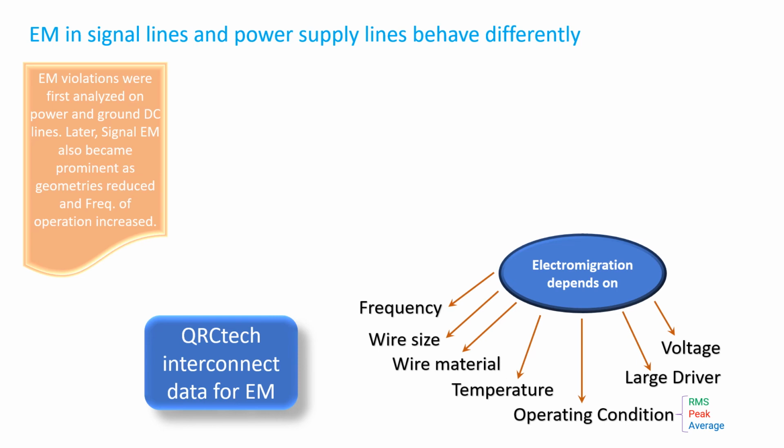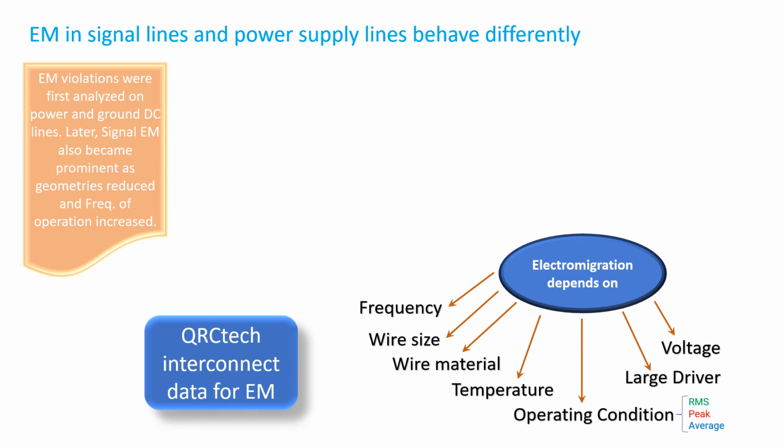All these things are specified and coded in the QRC tech file, which is nothing but the interconnect data file format, where the RC information of the fab is coded based on the width of the metal layer, the spacing between two metals, and how much the current density associated with it will be.